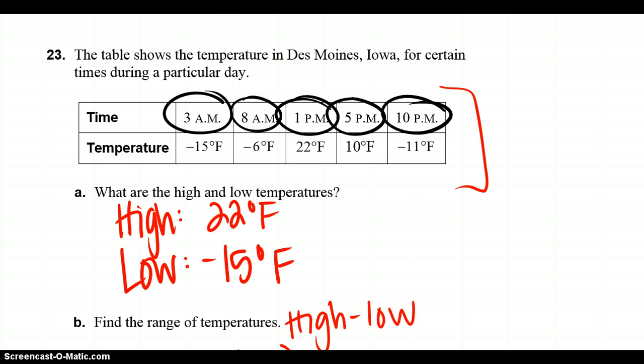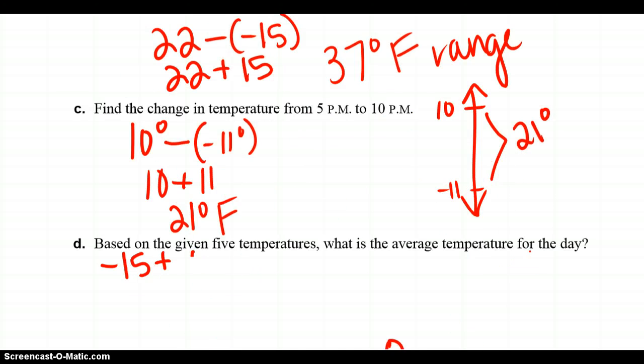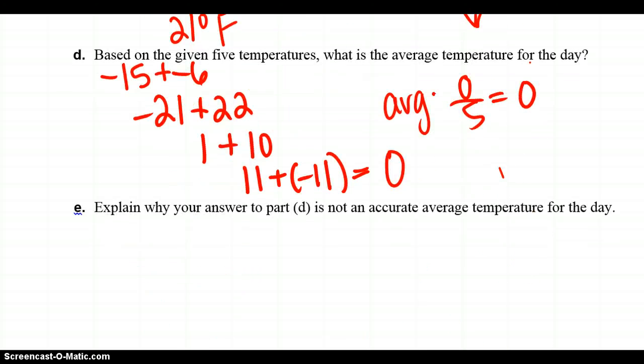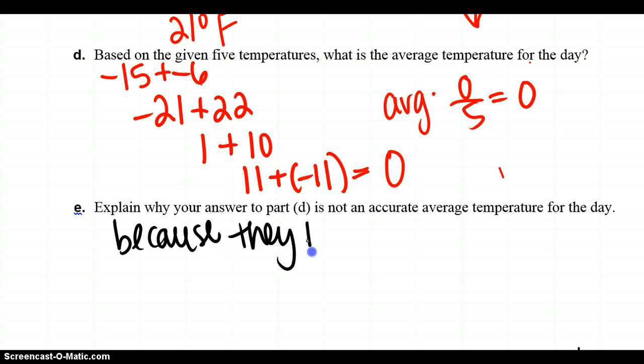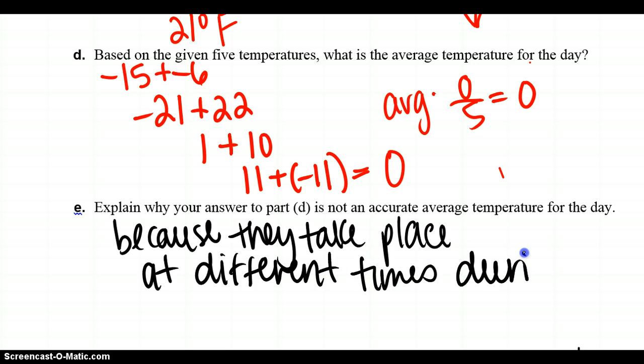So the average is not an accurate temperature for the average of the day because they take place at different times during the day.